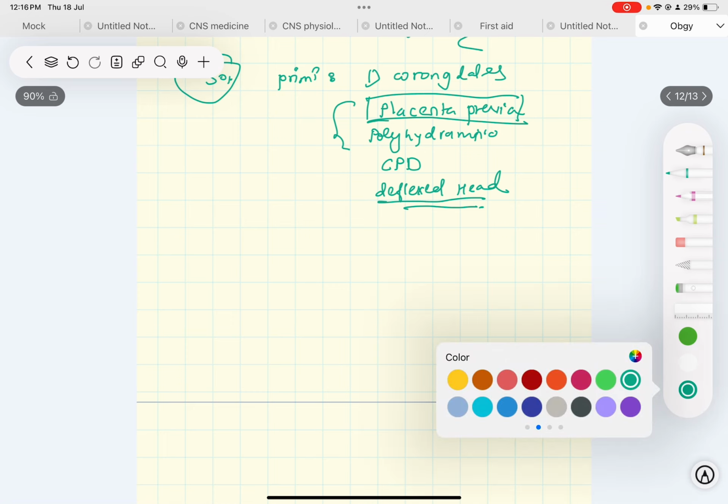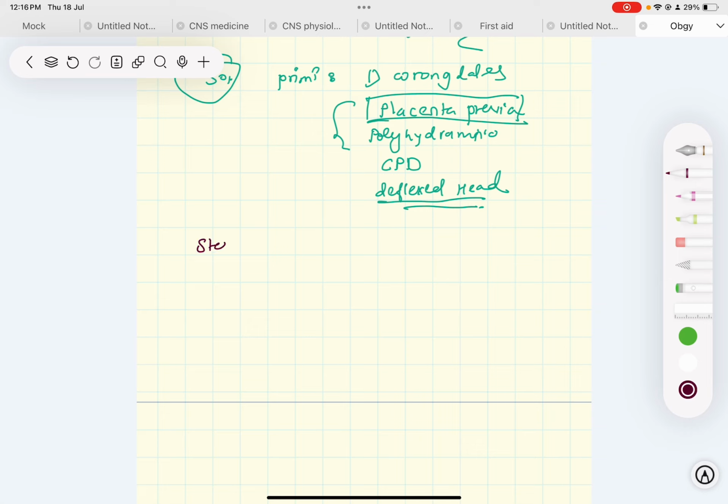Now we are learning about the steps of normal labor.